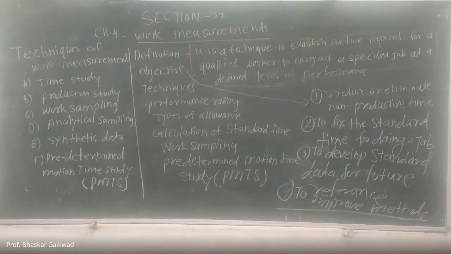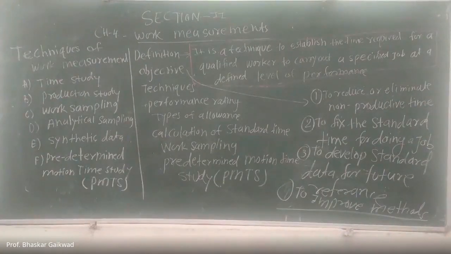Means a worker having good qualifications, good experience, and good efficiency, 100% efficiency, we will say. So we have to establish the technique for how much time is required to do the particular job by this worker. Which workers? Qualified workers, experienced persons, 100% efficiency persons. You have to select that person.